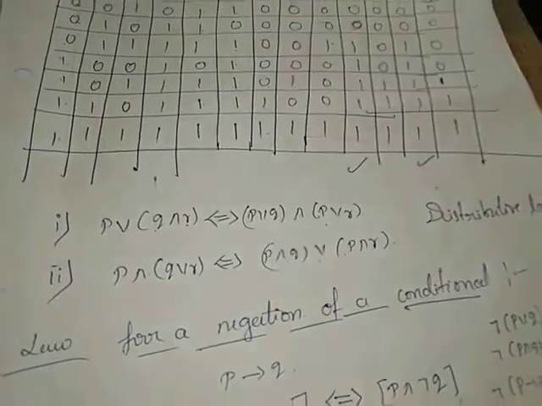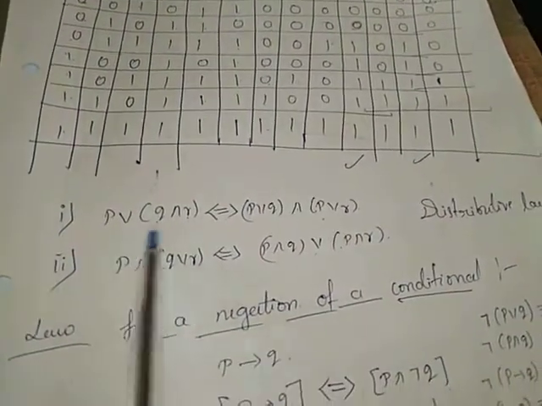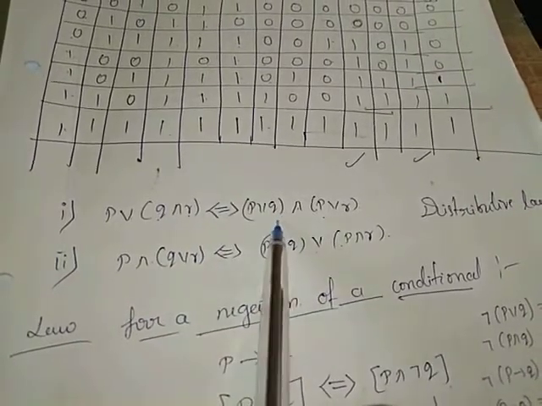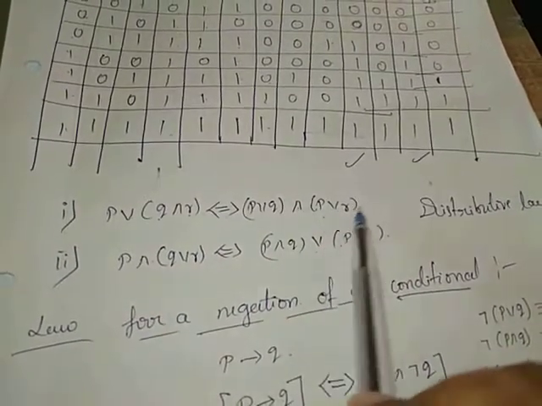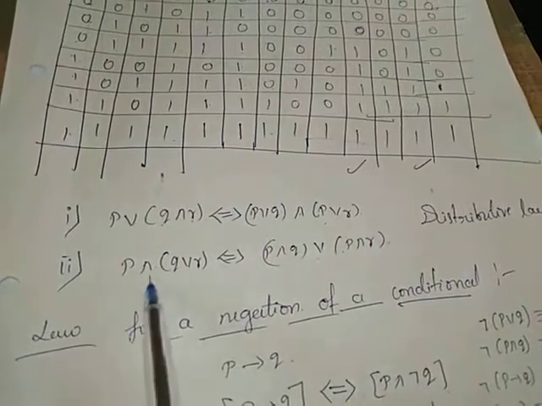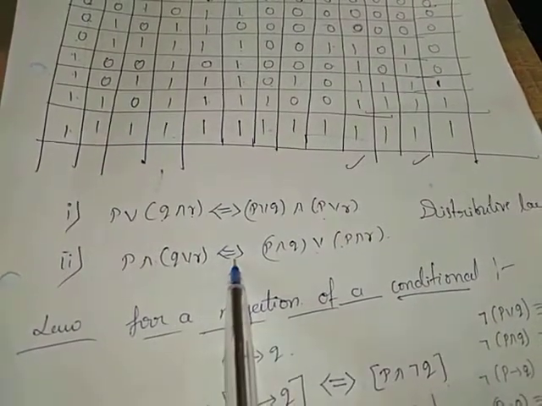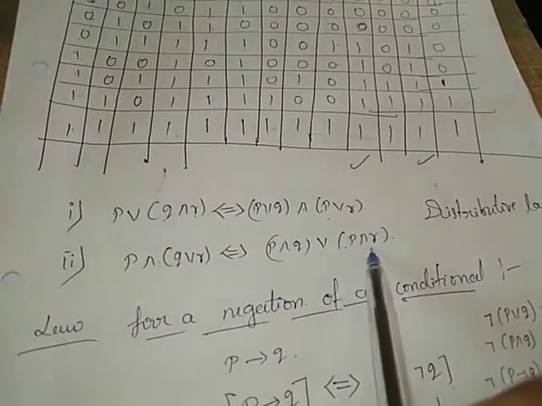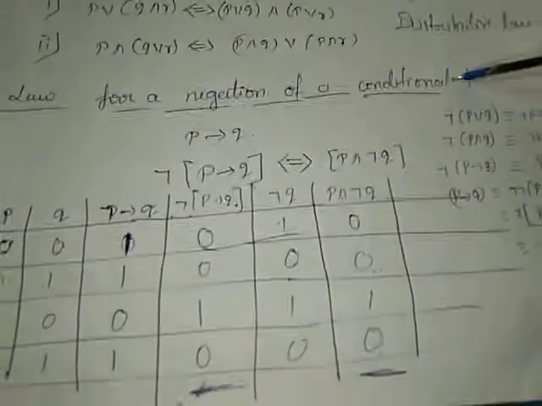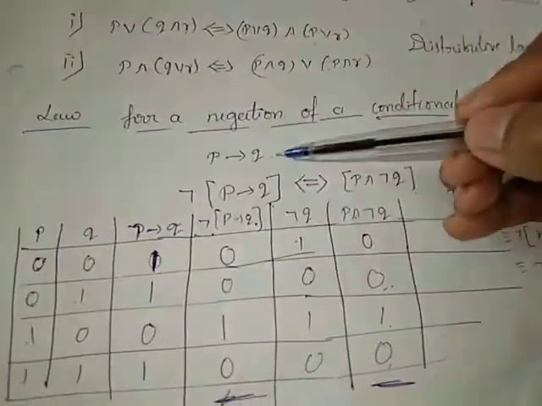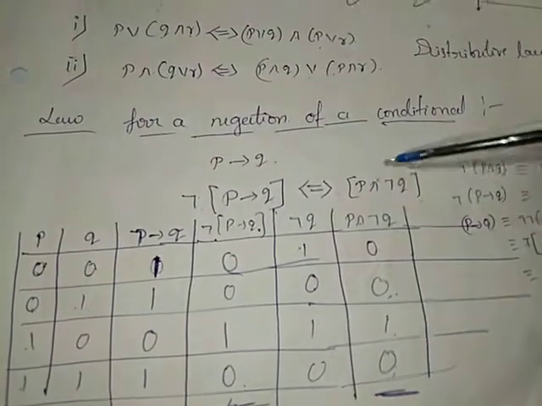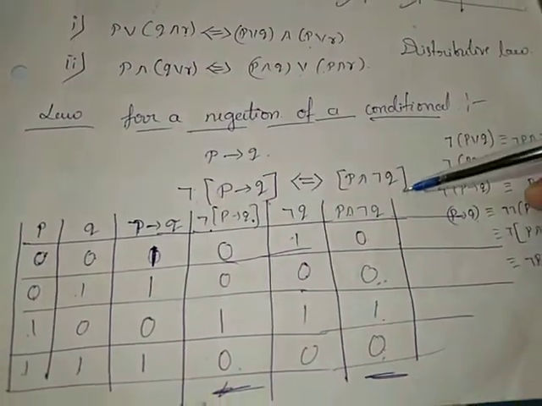And the distributive law states that P or (Q and R) is equivalent to (P or Q) and (P or R), and P and (Q or R) is equivalent to (P and Q) or (P and R). And the law of negation of the conditional: our conditional is P implies Q. Negation of the conditional is equivalent to P and negation of Q.